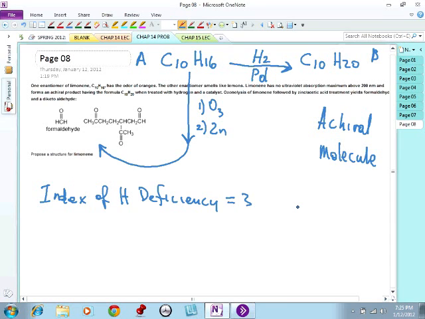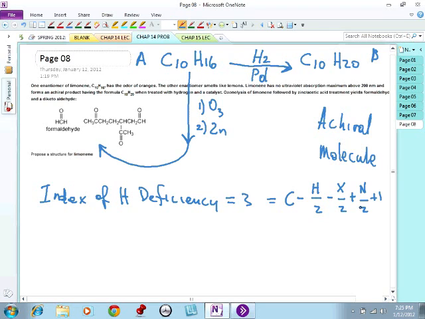Now for those of you who were not in my class last semester, the formula for index of hydrogen deficiency is this here: number of carbon atoms in the molecule minus number of hydrogen atoms in the molecule divided by 2, minus number of halogens in the molecule divided by 2, plus number of nitrogens in the molecule divided by 2, plus 1.